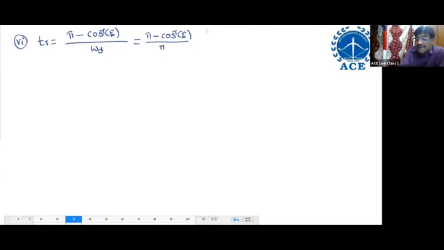Keep the calculator in radians while calculating rise time, otherwise pi will be taken in degrees. The calculator should be in radians. So you solve it, you will get 0.631 seconds.